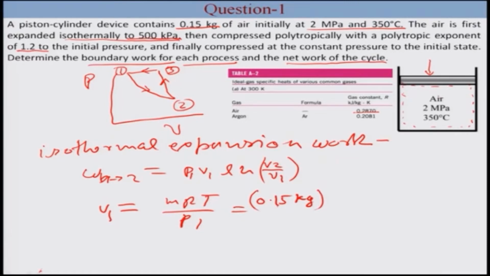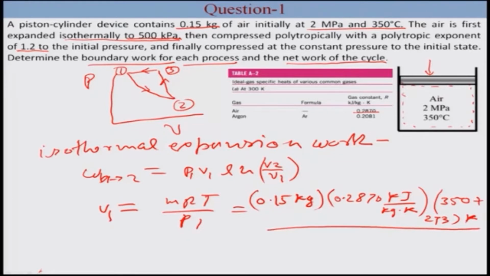The gas constant can be taken from this table, which is 0.2870 kilojoule per kg Kelvin, and the temperature is 350 plus 273 Kelvin, divided by the pressure, which is 2000 kilopascal.